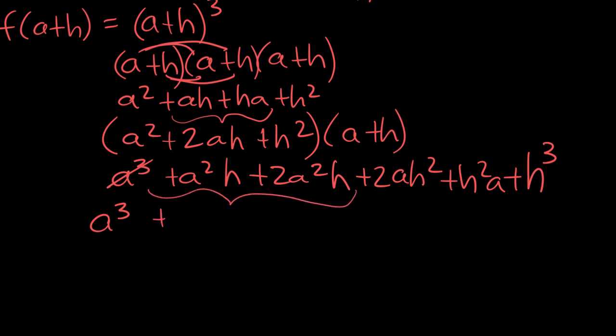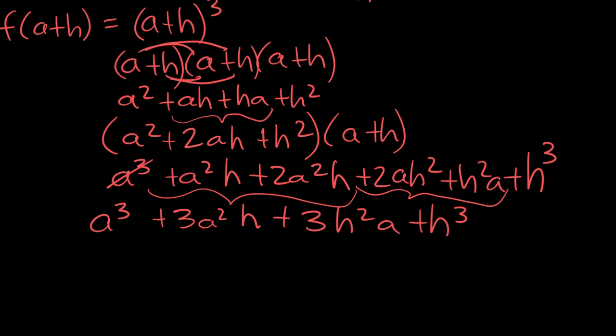That should be plus 3a squared h. And then if I combine these two here, when I put 2ah squared plus another h squared a, that would be 3 h squared a's, and then plus h cubed.